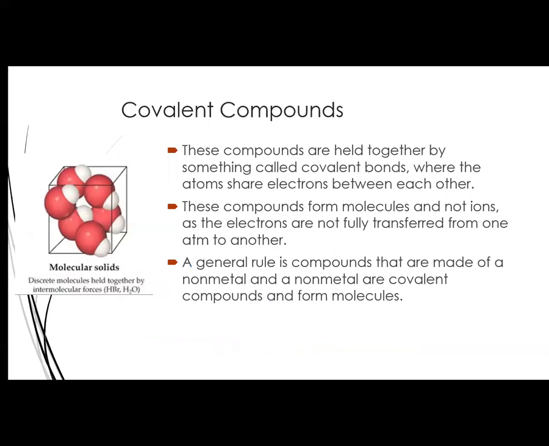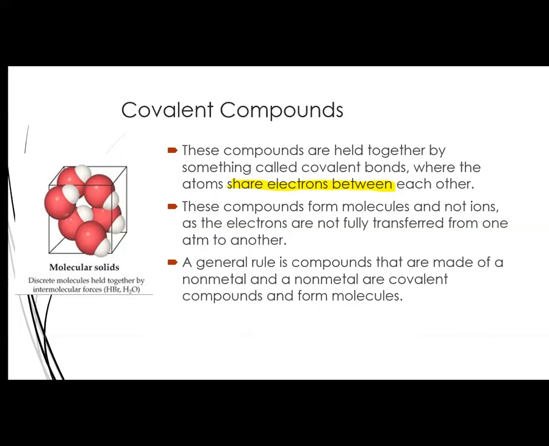Now, this is different for covalent compounds. Covalent compounds make what we call molecules or molecular solids. So these are held together by these covalent bonds where the atoms are actually sharing electrons between each other. And so this sharing ends up with them having a directed bond or connection. That means that those atoms are connected to just each other. They're not connected in the same way that an ionic lattice is, so they're not spread all the way out.